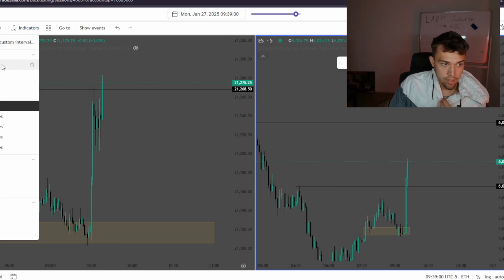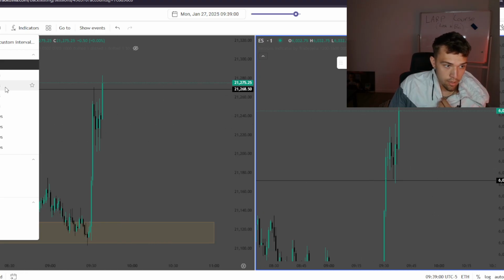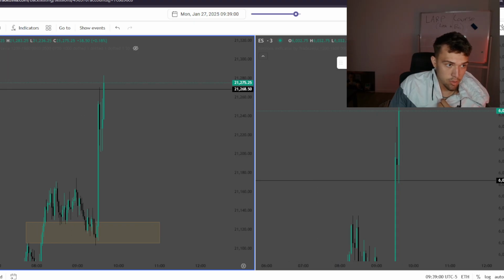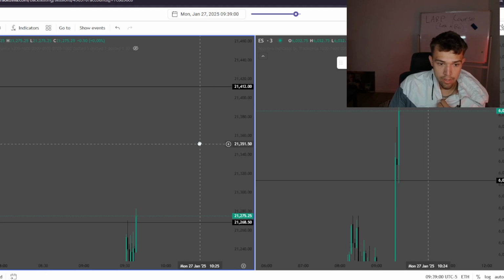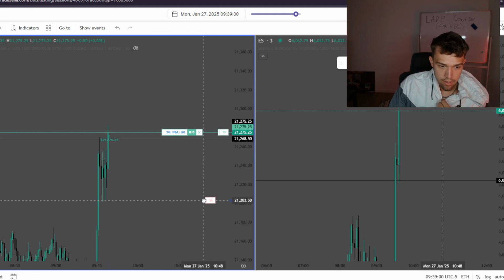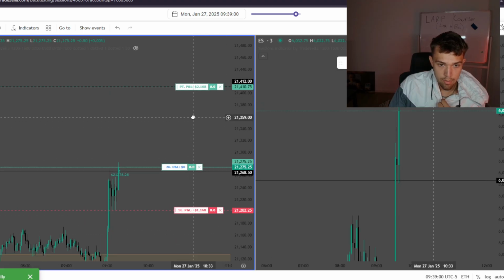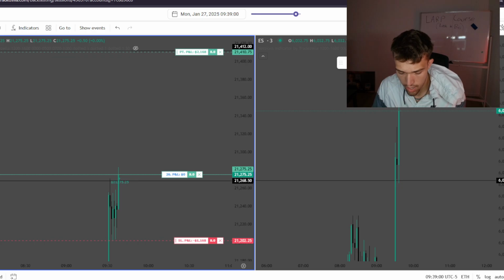So what happened? We shot up, retraced into a 1-minute, or this is probably like a 3-minute gap as well, if I'm not mistaken. Did not tap into the 3-minute, but we tapped into the 2-minute, and then we had a strong displacement going out of it with an easy draw above us. So I'm going to set my TP targets right there.